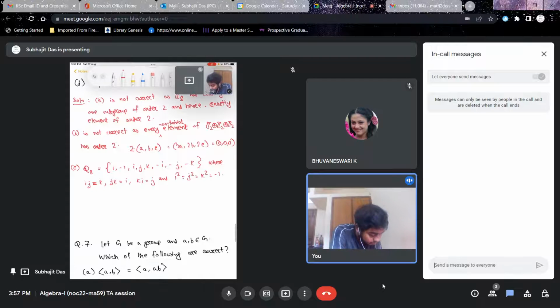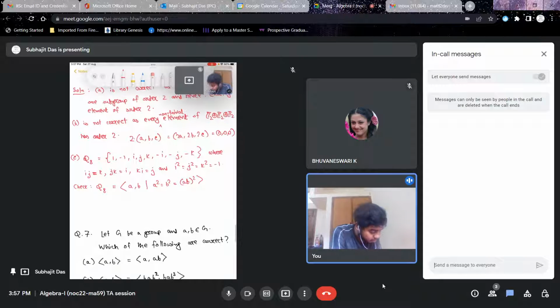Indeed, you can check that Q8 actually has this presentation. It is generated by a and b such that a square is b square, which is equal to (ab) square. The hint for this is to first show that a to the power 4 is identity, and then conclude.